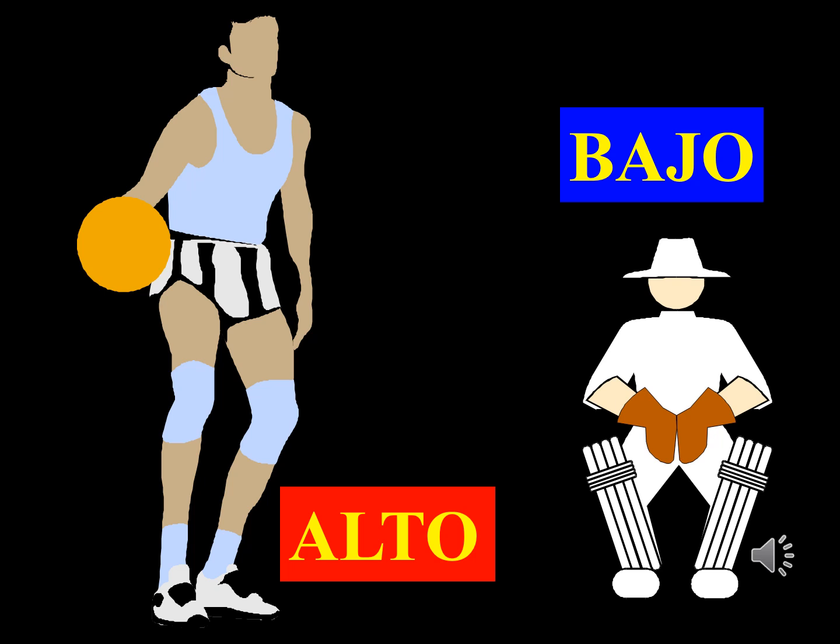And you have to agree with what you're describing. If you're talking about a tall man, it's going to be alto. If you're talking about a tall female, it's going to be alta. And the same goes for bajo. Gordo. Delgado.